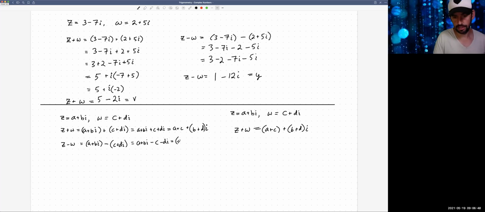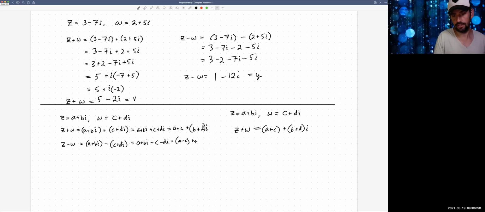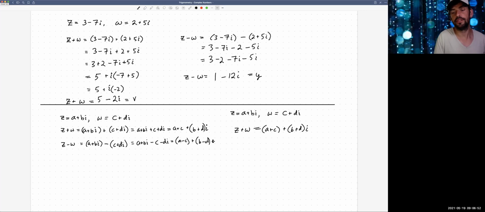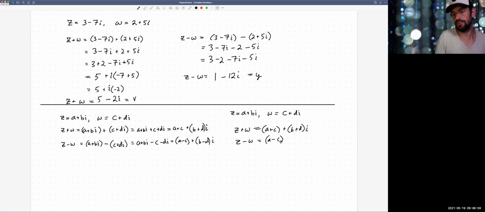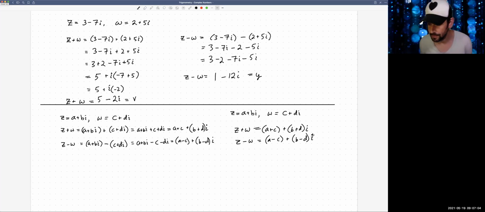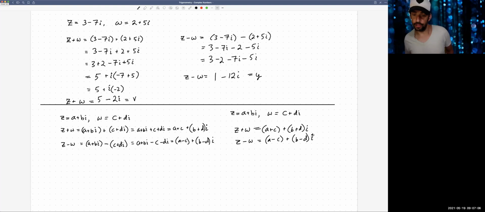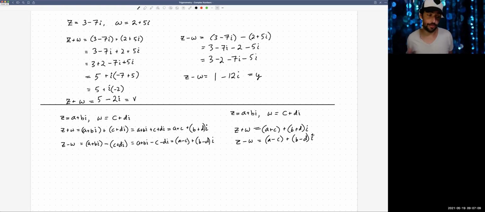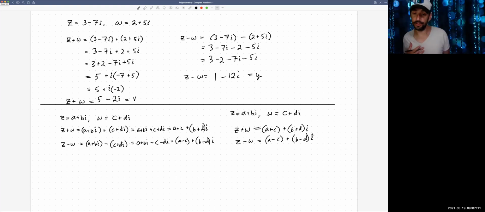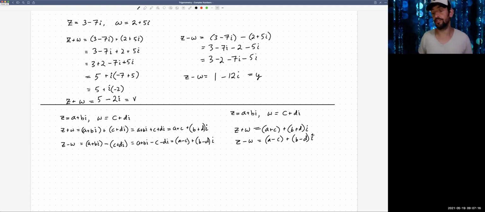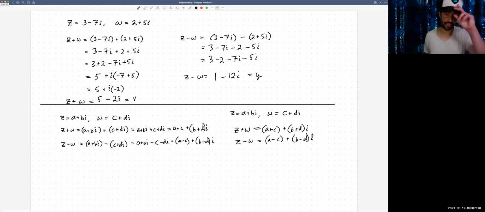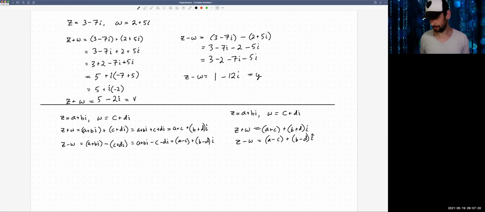It's going to be (a minus c) plus (b minus d)i. And so the result is (a minus c) plus (b minus d)i. If you look closely, what we're really doing when we add two complex numbers is we add the real parts and add the imaginary parts. When we subtract, we subtract the real parts and subtract the imaginary parts to get our new complex number.